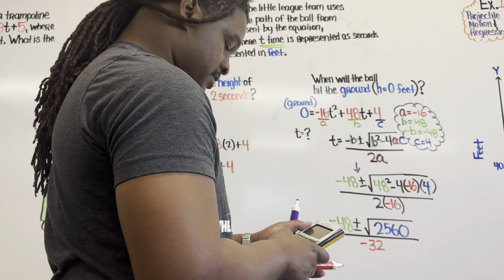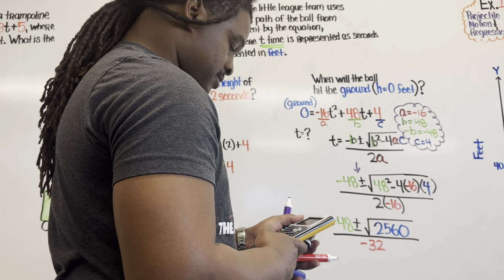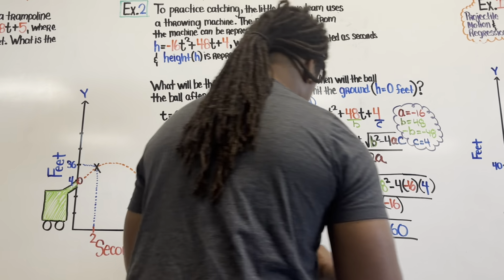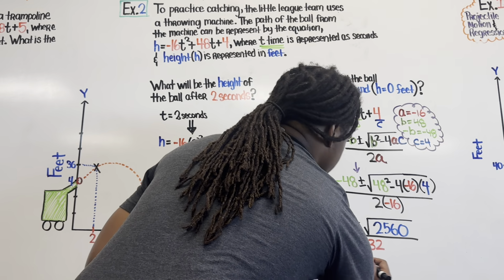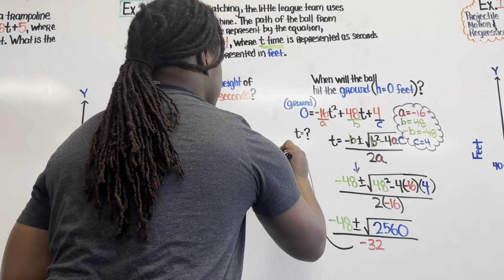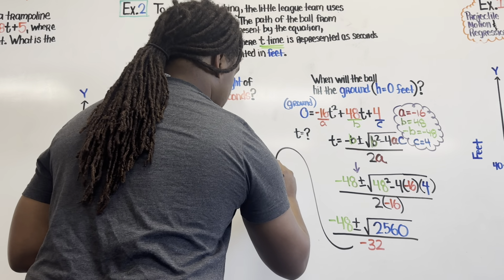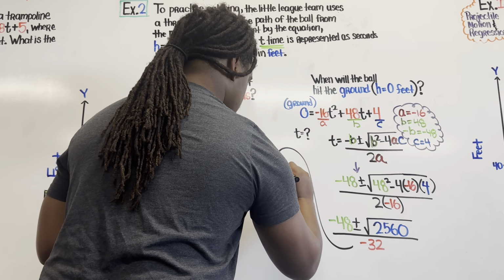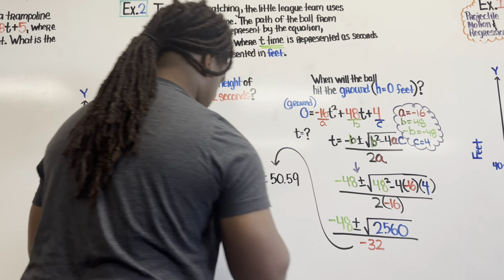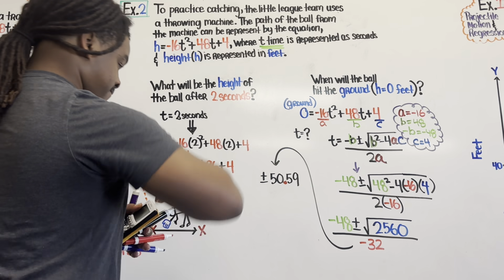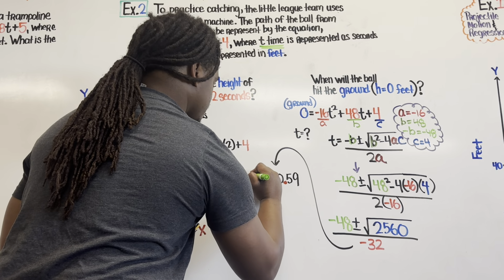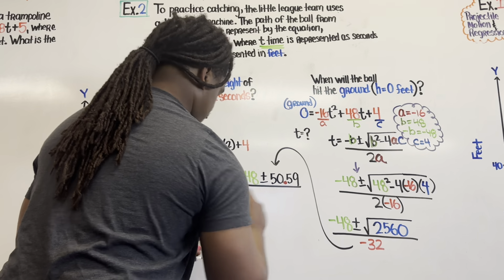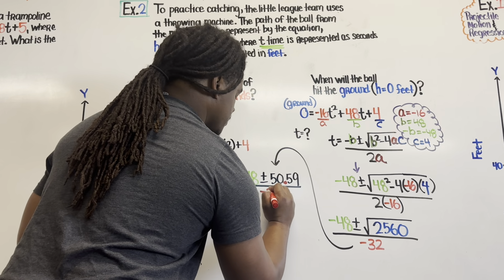So 2,560, the square root of that is 50.59. So I'm going to rewrite this over here. Now I'm going to have negative 48 plus or minus 50.59, all over negative 32.